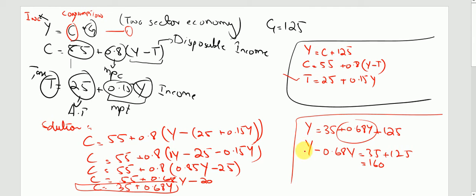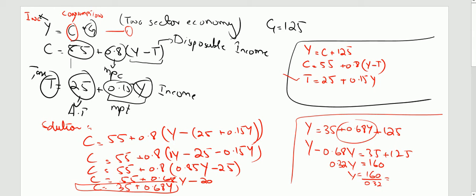So we subtract 0.68 from 1, and we get 0.32y. Now y and 0.32 are multiplying with each other, so we take this 0.32 to the other side, and 160 gets divided by 0.32.